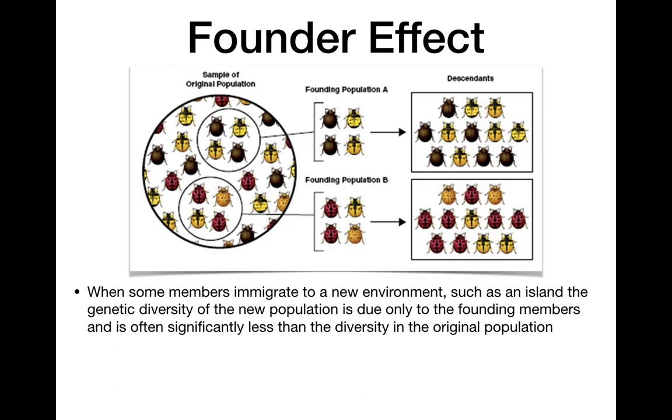This is a lot less diverse. The diversity here is a lot less than here. Okay, because I only have these four ladybugs to make this new population, so we lost a lot of our genetic diversity. Different allele frequency is going to happen here. And a big part of this is because we have a small population, they're going to be inbreeding. These are going to breed together to produce these descendants, and that can reduce the variation.